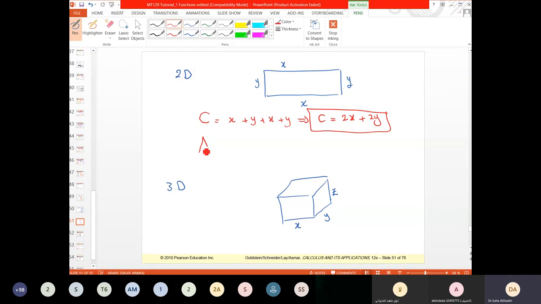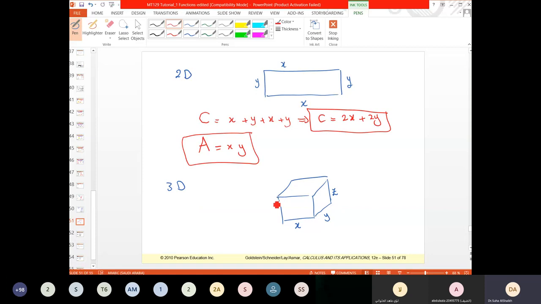If I'm talking about the area, A, what's the area? If I have a rectangle, هذا نسميه rectangle, مستطيل. What's the area? الطول بالعرض, it's equal to X في Y. So 2 things we have the circumference اللي هو المحيط. We have the area اللي هي المساحة, it's X في Y. Okay?